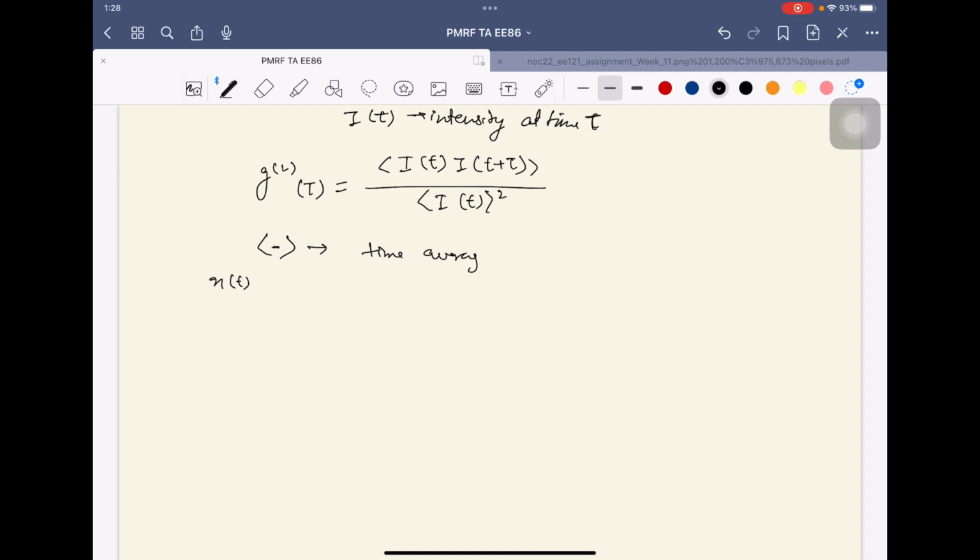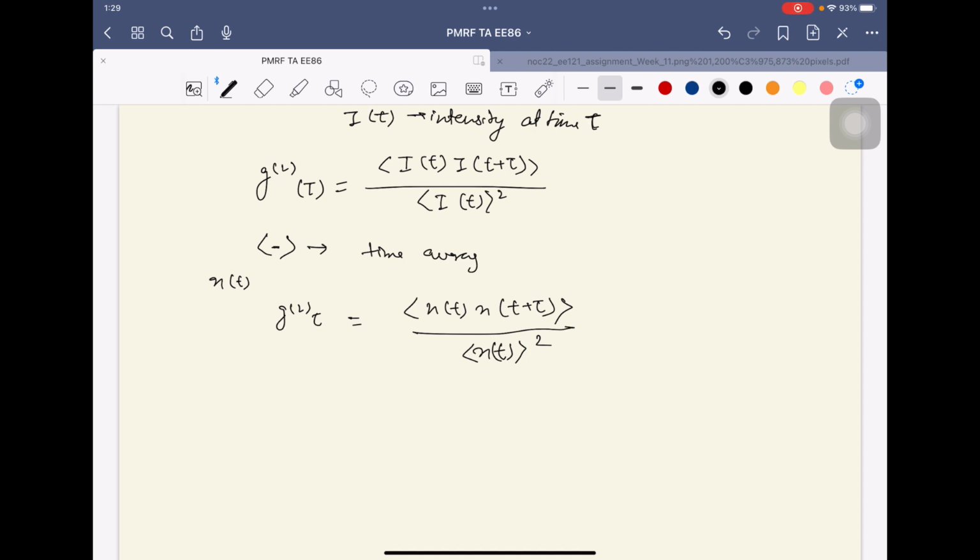So we can write this classical definition of g2(tau) as the average of n(t) times n(t plus tau), divided by the time average of n(t), squared. So what is the physical meaning of this?